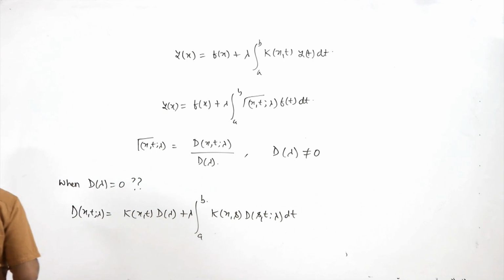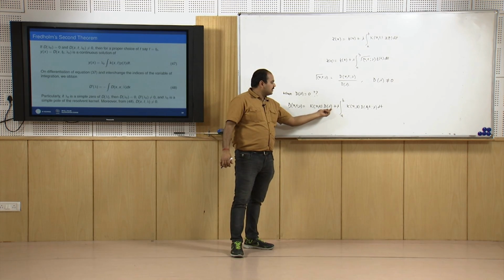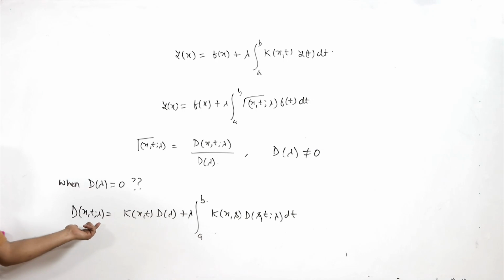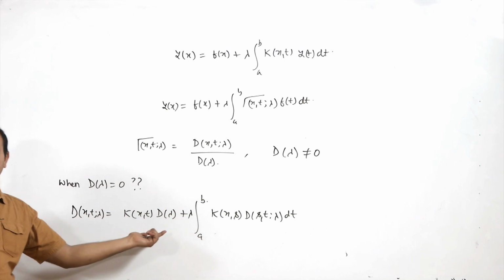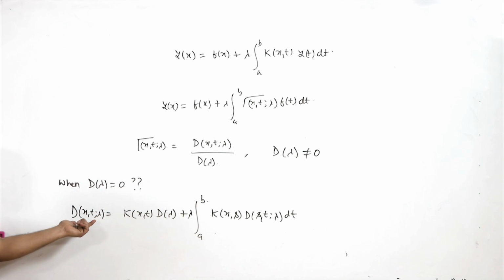Here we know that once we have the expression for D of lambda, that is the Fredholm determinant, we have calculated the Fredholm minor, that is D of x, t, lambda, with the help of this integral equation. This is the relation held by D of x, t, lambda.